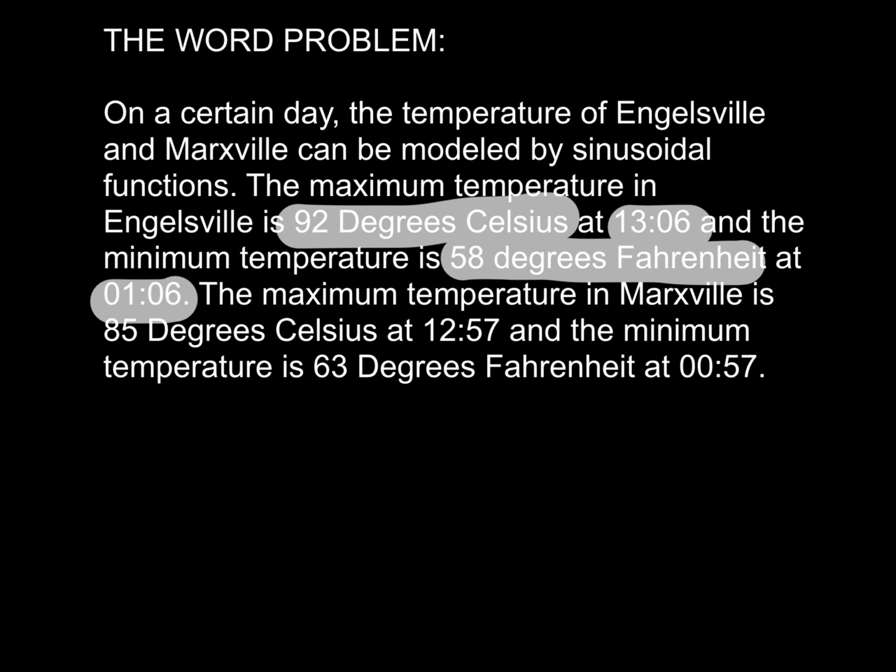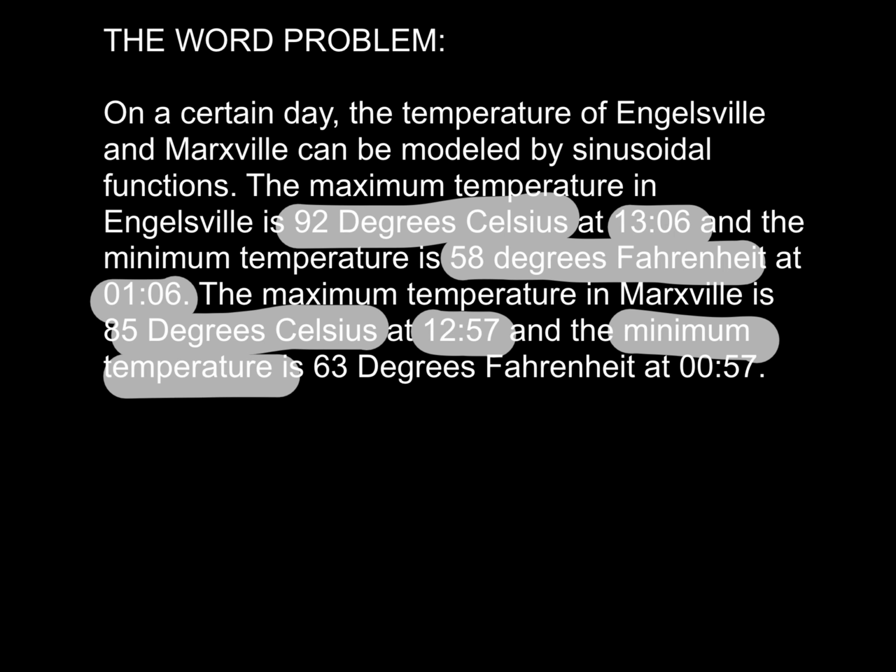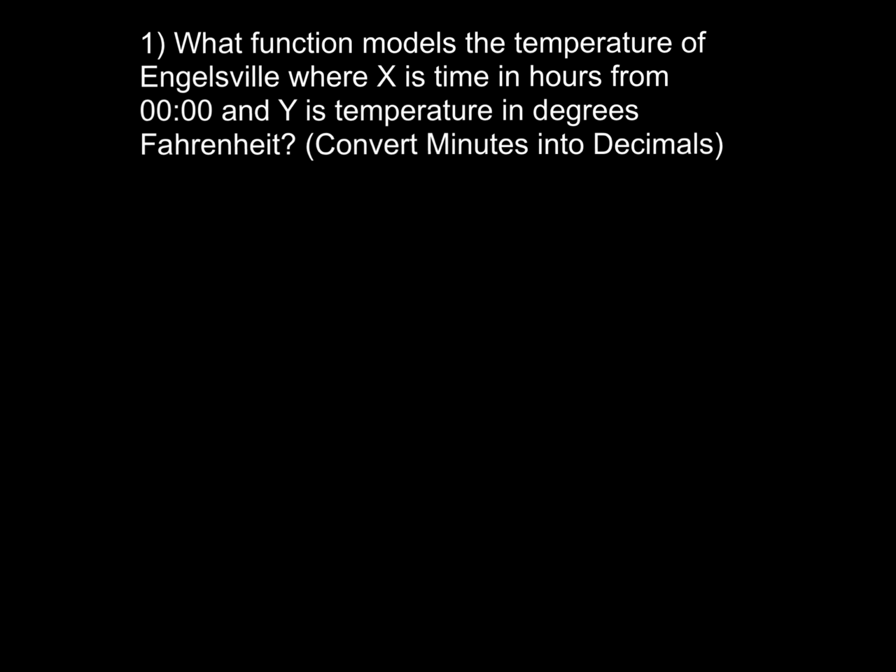The maximum temperature in Marksville is 85 degrees Fahrenheit at 1257, and the minimum temperature is 63 degrees at 0057. I highlighted some of the most important points, and let's go ahead and figure out the temperatures for Anglesville now.